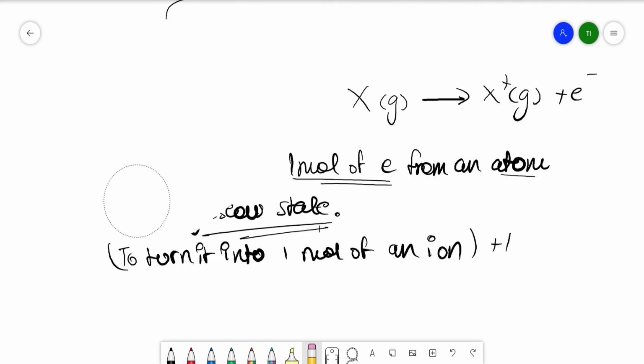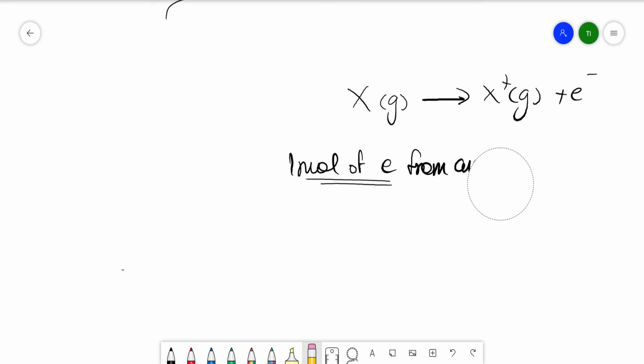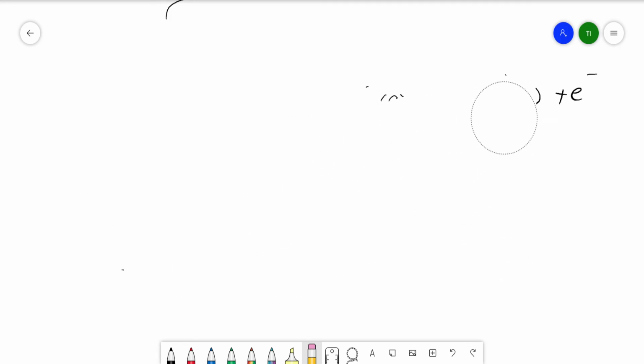Now let's take a look at a few ionization energy values. No, wait. Before that, whenever you're talking about ionization energy, in AS or your A levels as well, they're normally going to ask you for reasons and trends, and ask you to explain the reasons for those trends.